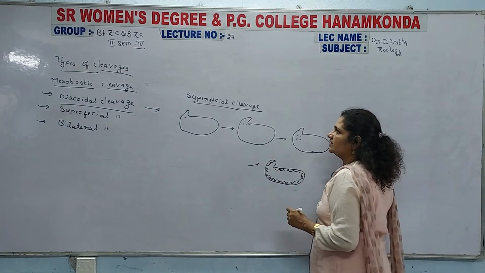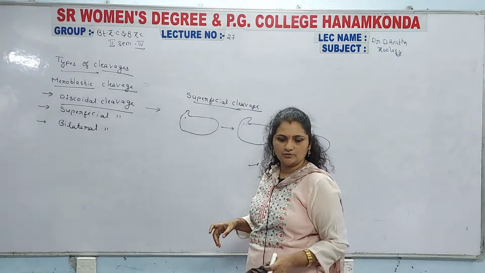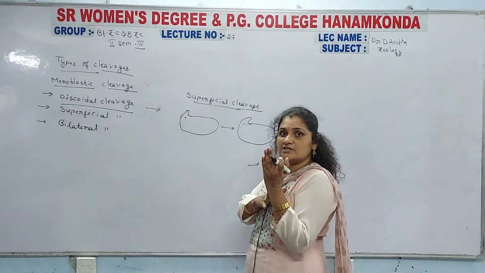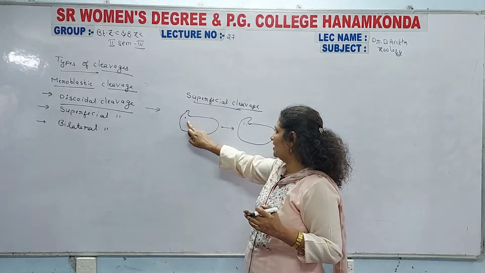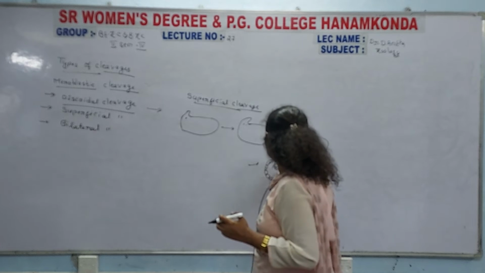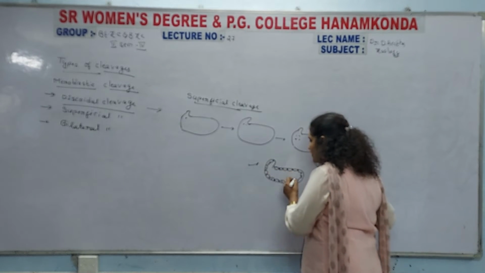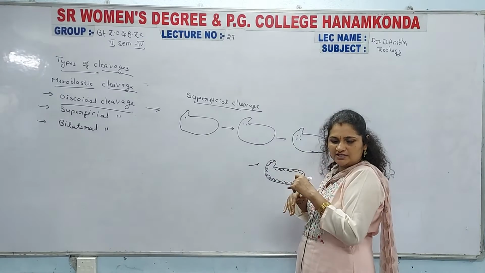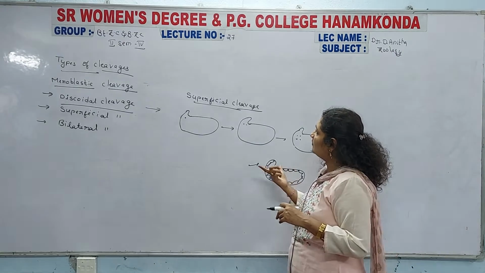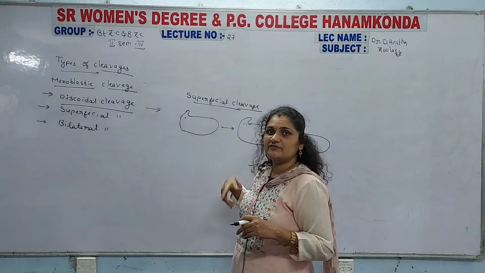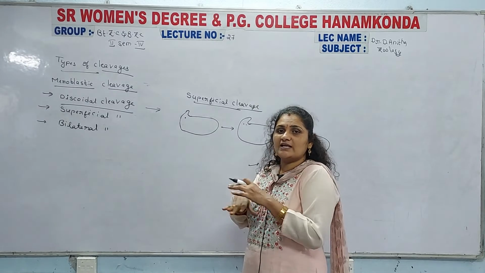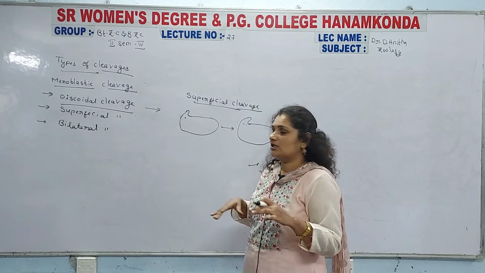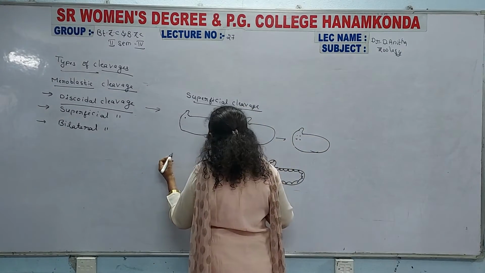The cleavage takes place on the surface of the zygote. See this, one cell to two cells, four cells, and the division occurs completely superficially, meaning on the surface region. That is why such a type of cleavage is considered superficial, on the surface of the egg and the zygote.